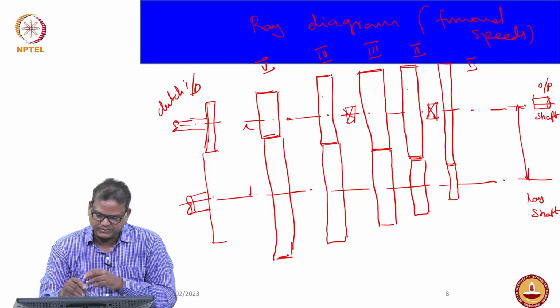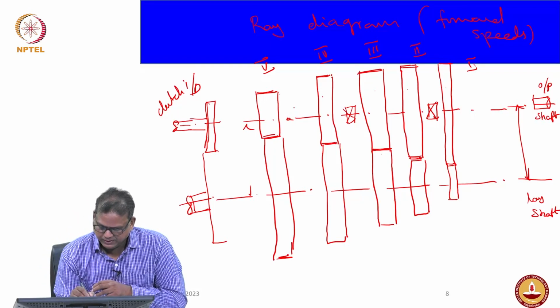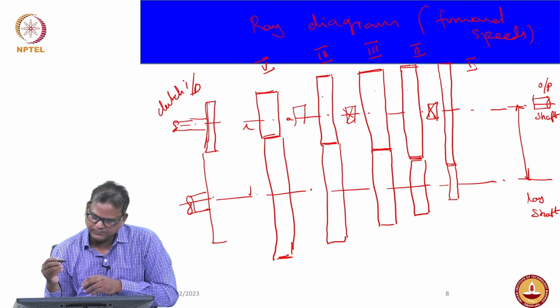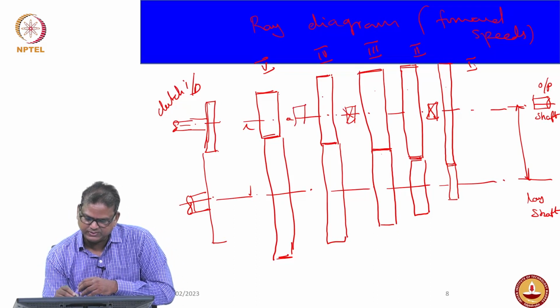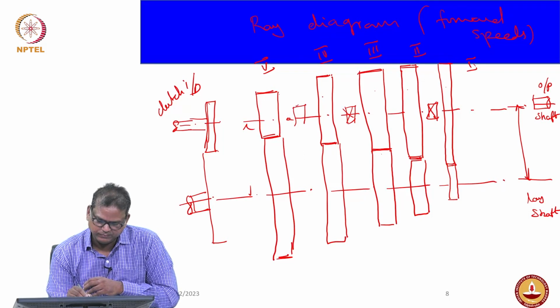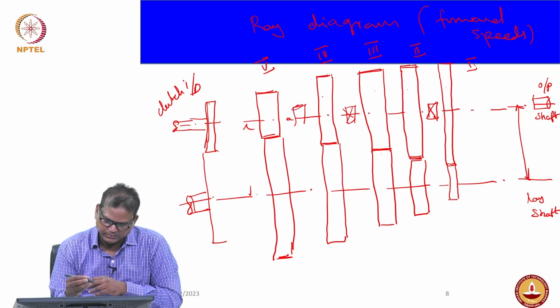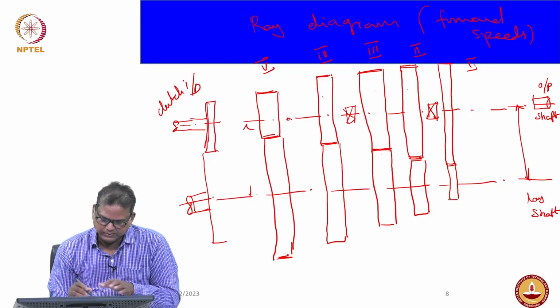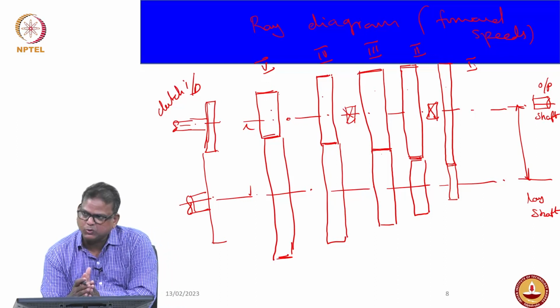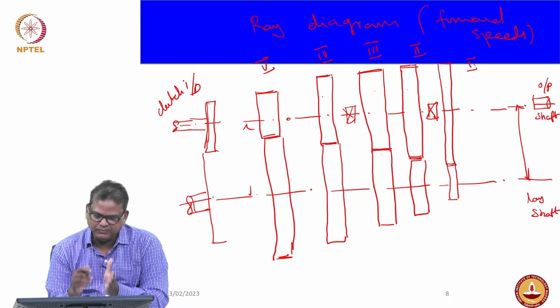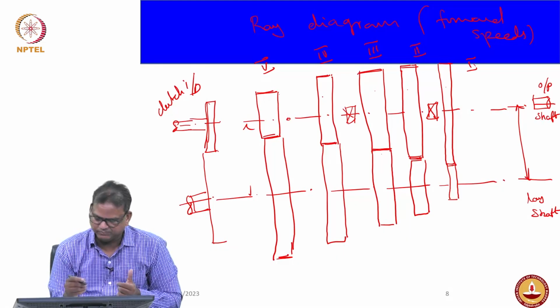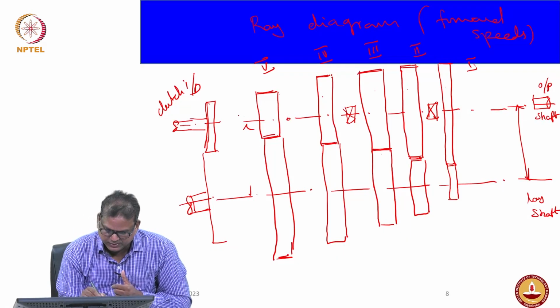So I have done this one, and finally you can have one more. Probably this is common, so the fifth gear can be even closer to the fourth gear, and you can have one gear selection mechanism in this position.